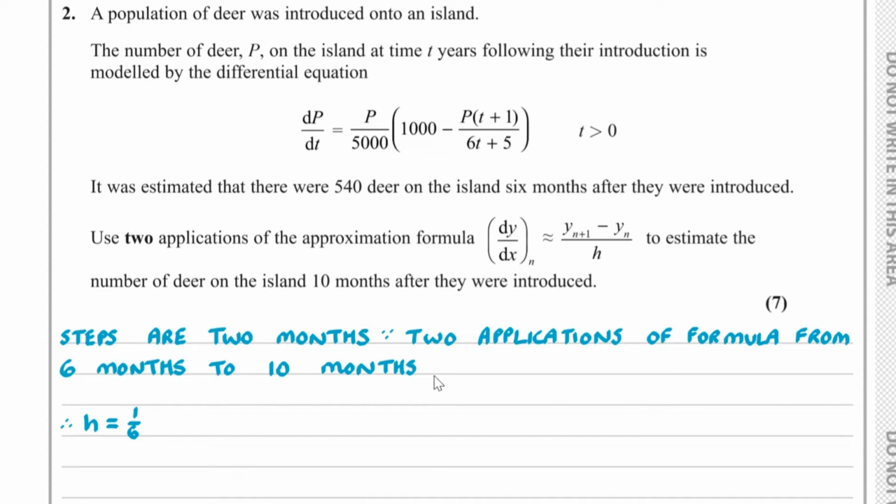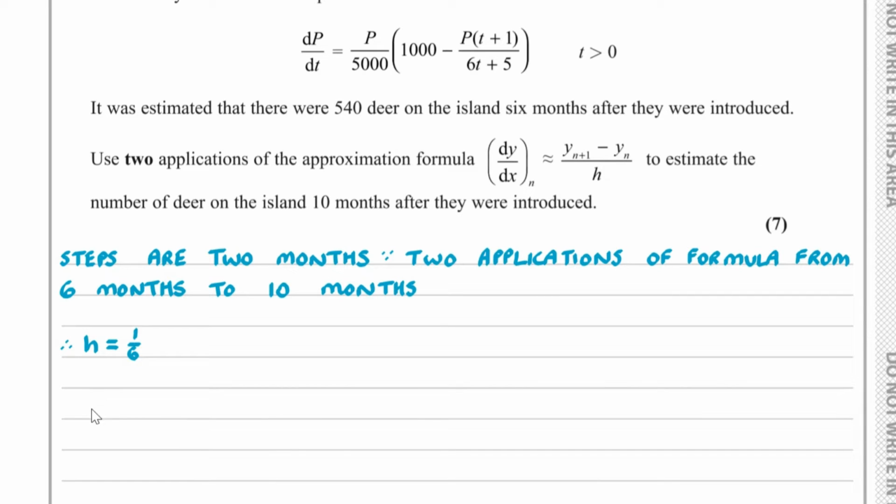So what this will represent is T0 equaling one half and P0 equaling 540.